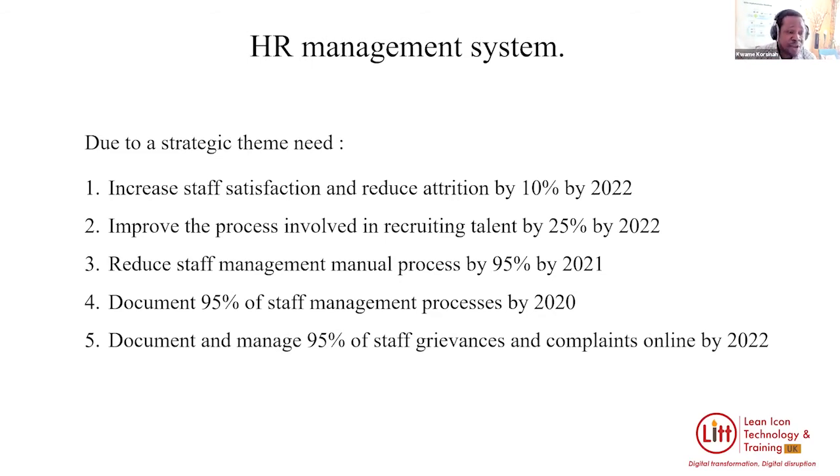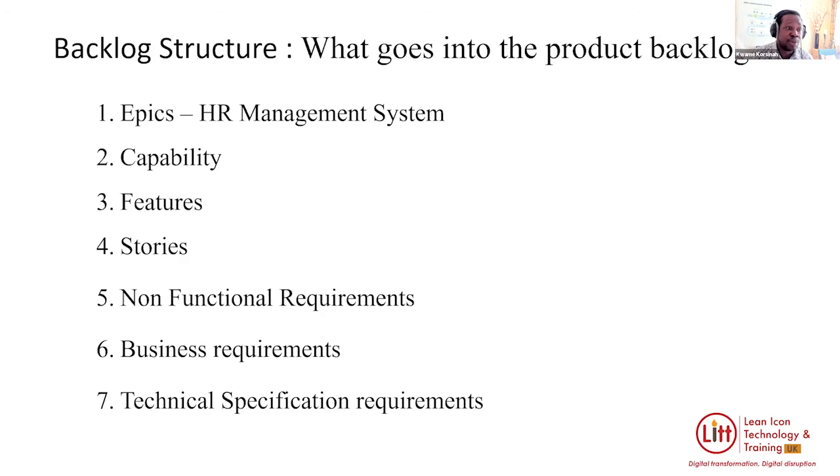Let's add more information to what we've gathered so far. The next is we want to look at what goes into the backlog. As this session is focused on building a backlog, what goes into the backlog? Our epic is the HR management system. What are some of the capabilities that this HR management system could have? What are some of the features?